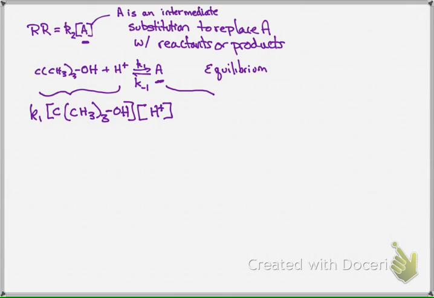What's this rate going to be? Well, this rate is K minus 1 times A. This is the reverse rate. And this is the forward rate.